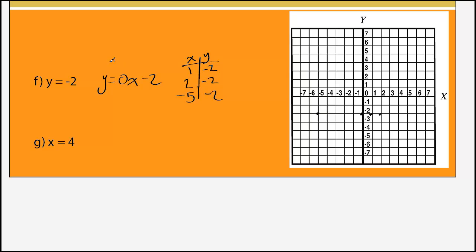And so what you notice is you get this nice straight line here. And so it's this horizontal line that is at negative 2. So whenever you have a y equals, and there's no x over here, you're always going to get a horizontal line.